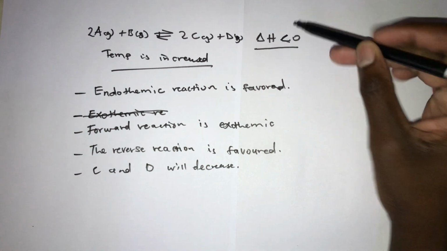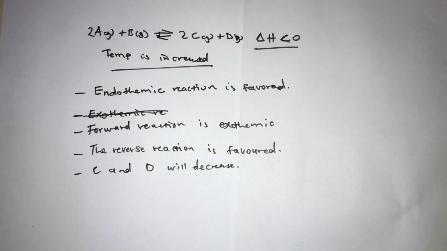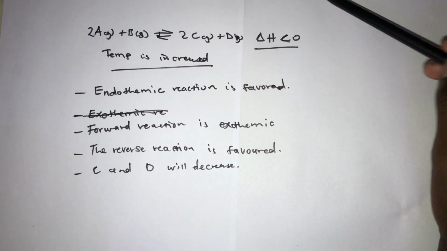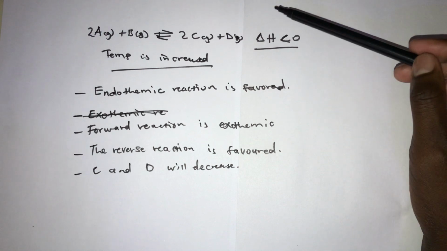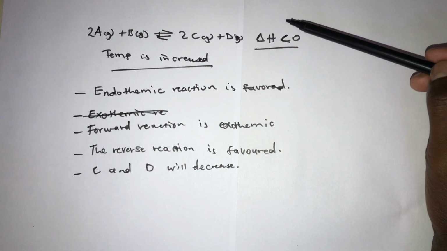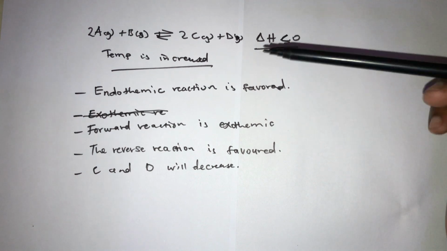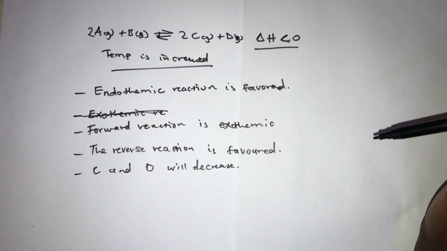Heat less than 0 means that the forward reaction is exothermic reaction. So you check the condition before you say anything. The condition tells you that the forward reaction is exothermic because it's less than 0. If it was greater than 0, the forward reaction would be endothermic reaction.